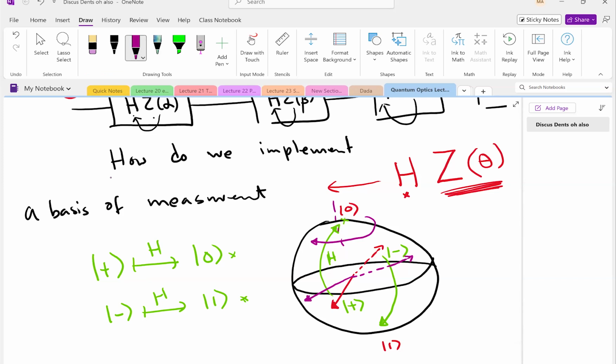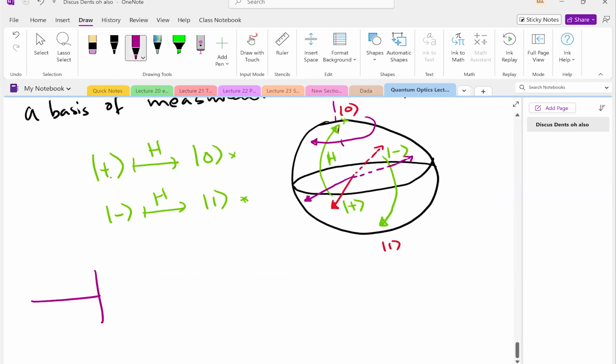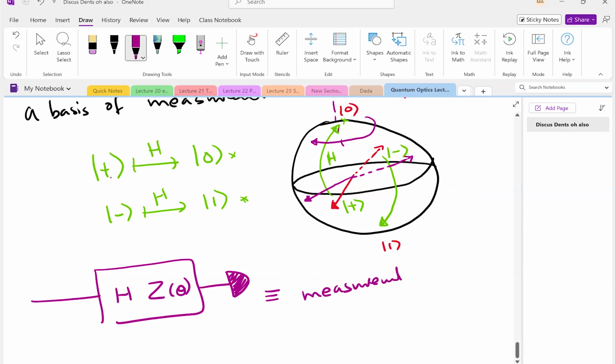So in effect, you're just changing the measurement basis through the application of a Z and an H. So Z, H followed by a detector is the same as doing a measurement in a tilted basis, and we can call that measurement B theta. So you rotate your Bloch sphere about the Z axis, and then you project onto the measurement basis. This is what in effect is happening.